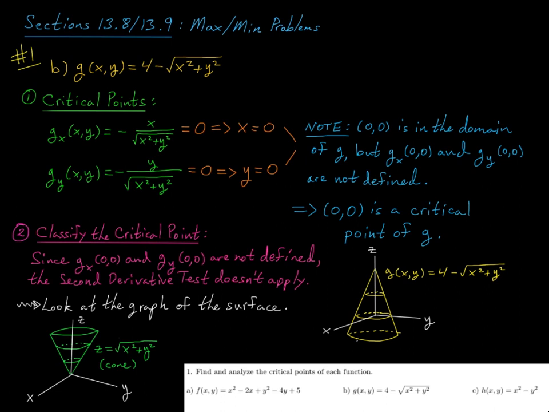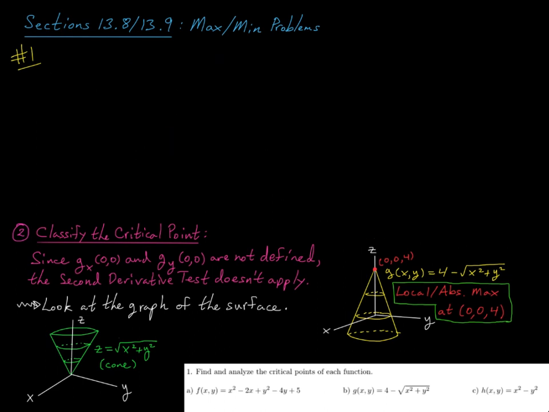So we're going to get this cone here. Now notice when x and y are both 0, we're right here at this peak, (0, 0, 4). So I can see just from the graph that at this critical point we are at a local maximum, which also in this case happens to be an absolute maximum. Okay, very nice.